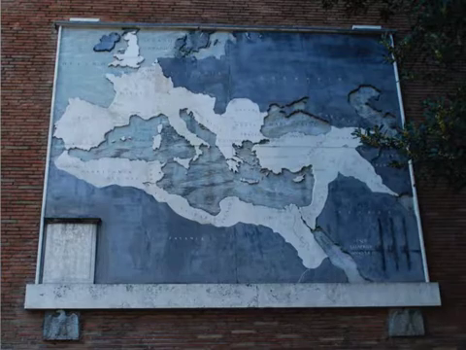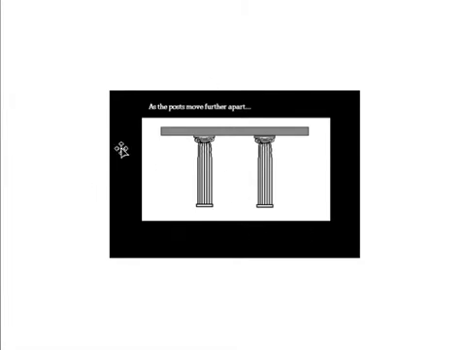So they start to look at architecture, and this idea of post and lintel only works for so long, because as you start to separate these posts to get inside spaces, gravity is going to cause the lintel to break. So every time you build something, you have to have gazillions of posts in order to support that lintel. And that's not always cool, especially when you want to go inside of buildings.